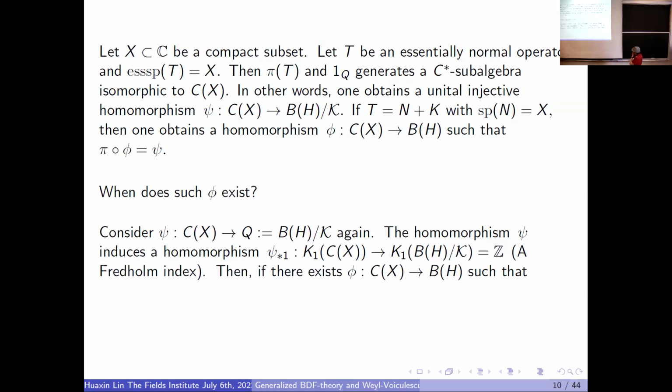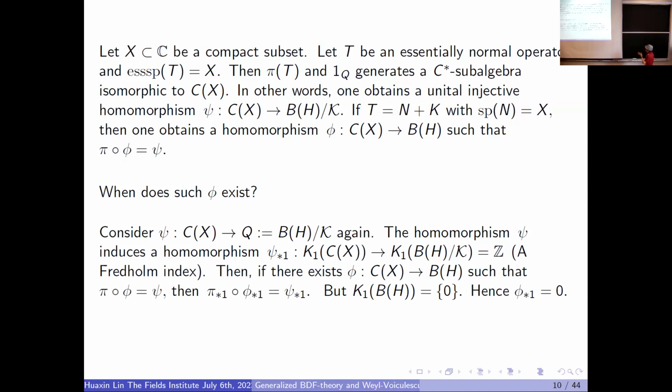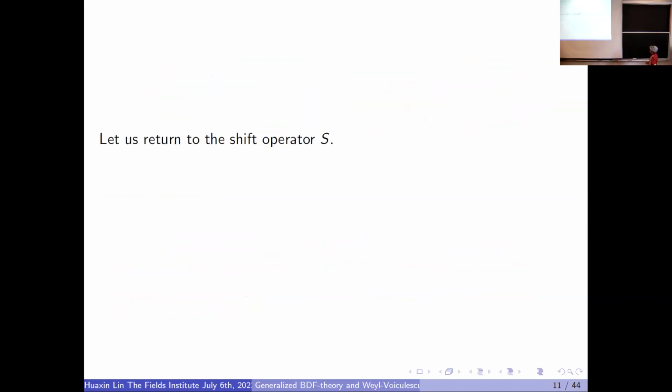If there exists a lift phi, then on the K1 level you also have this decomposition. Since we know K1 of B of H is 0, this map has to be 0, which implies that psi on the K1 level is also 0.